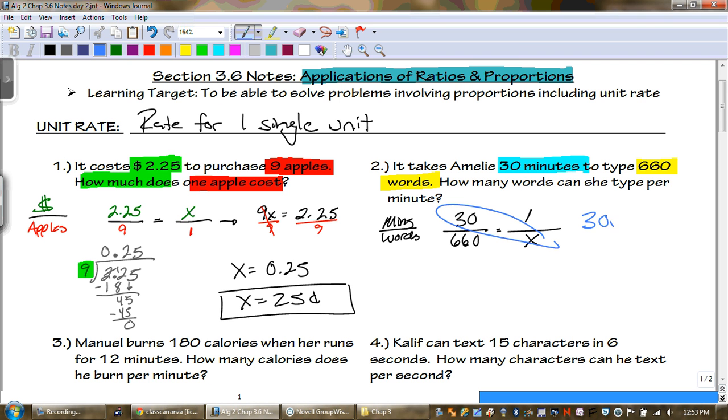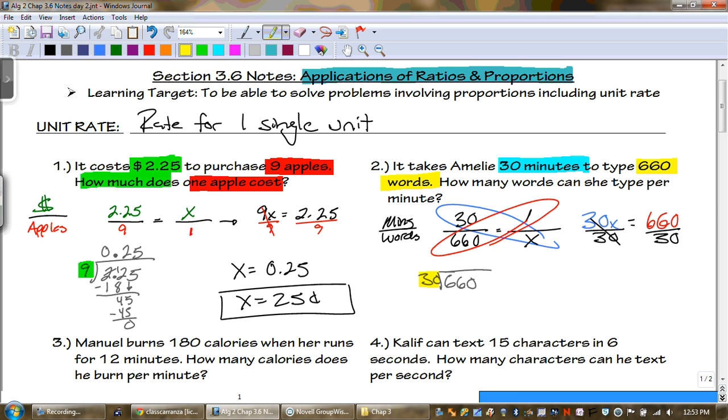That's where we get 30x equals 660. Okay, now to get the x by itself, you divide both sides by 30, and those cancel. And then once again, we have to do long division. You have to do 660 divided by 30. And don't freak out, guys.